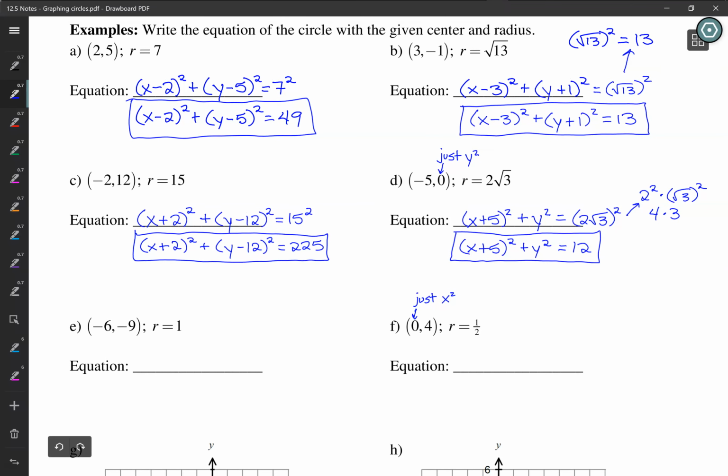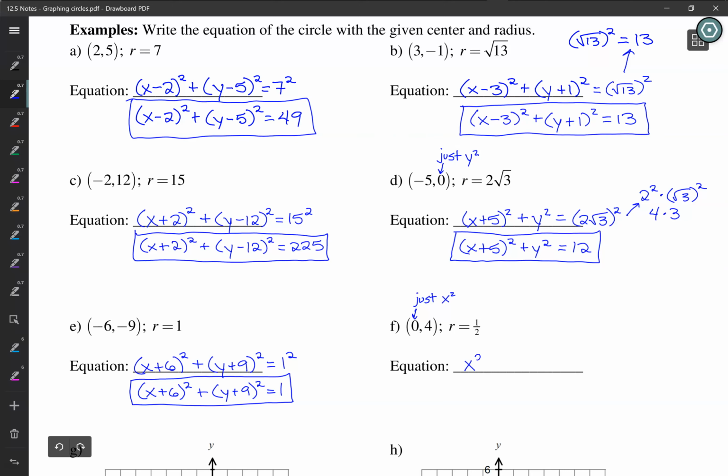Okay, negative, negative, so we have x, opposite of negative 6 is plus 6 squared, plus y, opposite of negative 9 is plus 9 squared, equals 1 squared. So that's x plus 6 squared plus y plus 9 squared equals 1 squared, which is 1. All right, so on F, we have a 0, and x minus 0 is just x.